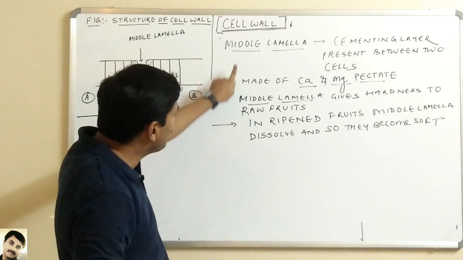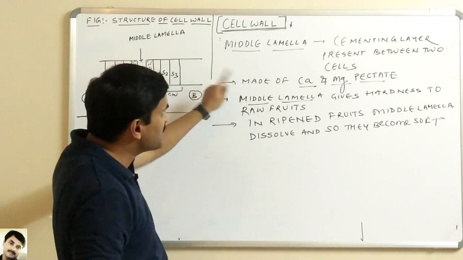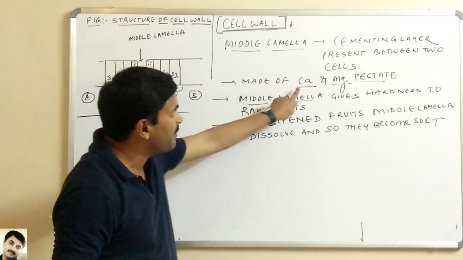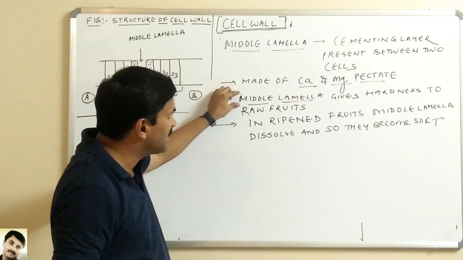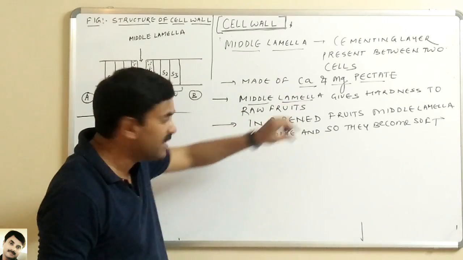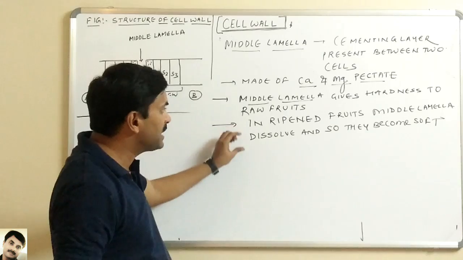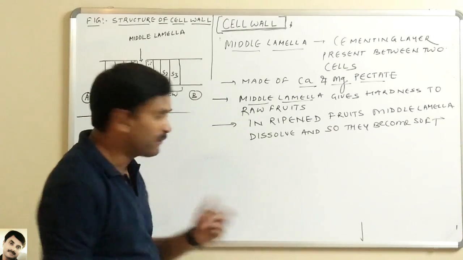Okay, so this was the first component, the middle lamella, which is present between the two cells. It is made up of calcium and magnesium pectate, and the unripe fruits have the middle lamella. That's why the unripe fruits are hard, while in ripened fruits, the middle lamella dissolves and they become soft.